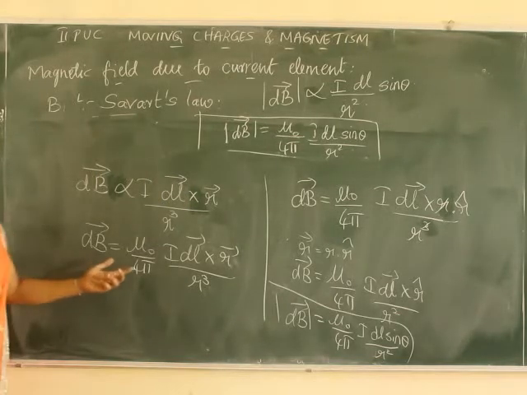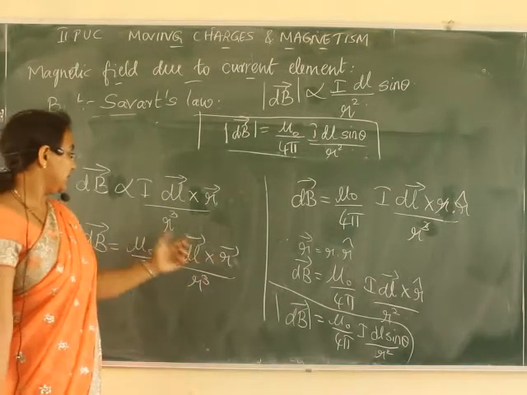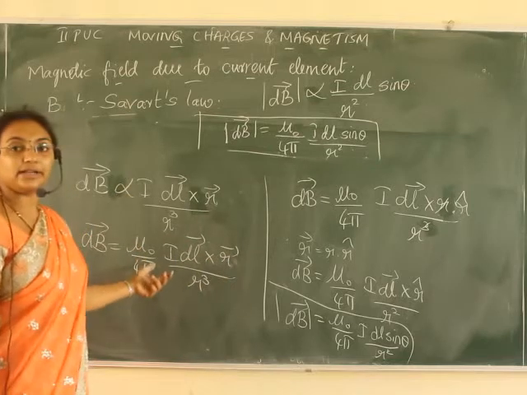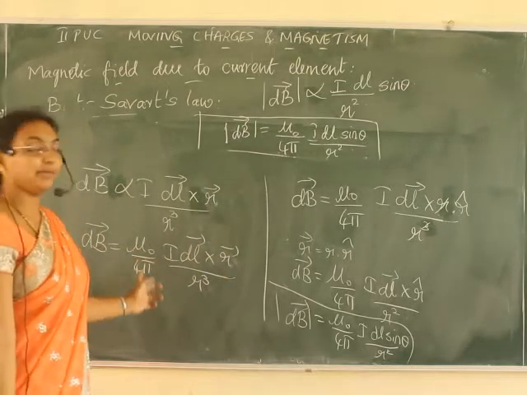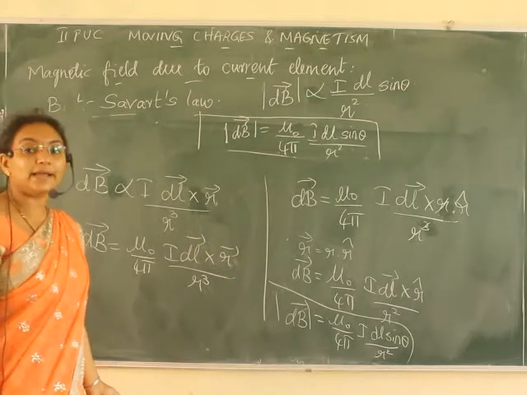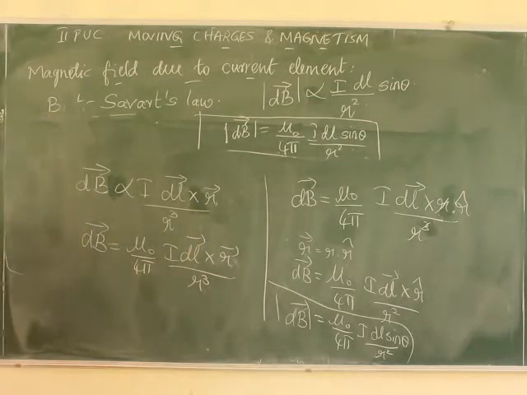But we can remove the proportionality and write a constant, mu naught by 4 pi, where mu naught is nothing but the permeability of free space.